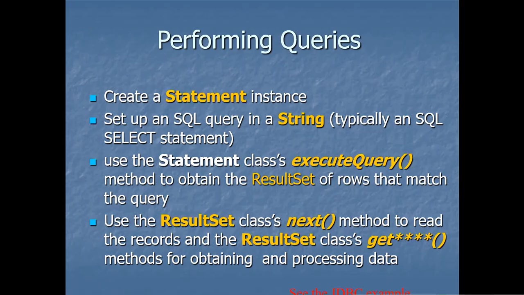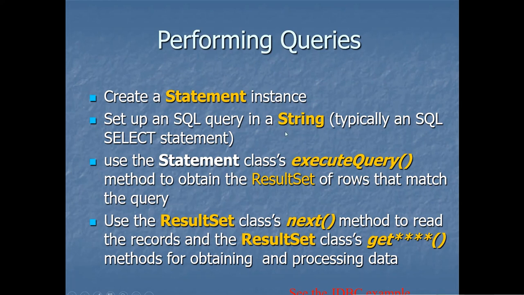So when I perform a query, what do I need? First, I need a statement object. And how do I get a statement object? As you can see, I'm going to get that from the connection. I have to create an instance of statement, but the statement is an interface. I can't create an instance of an interface. So I have to get the class that implements the interface. And we'll get it through the connection, as we'll see.